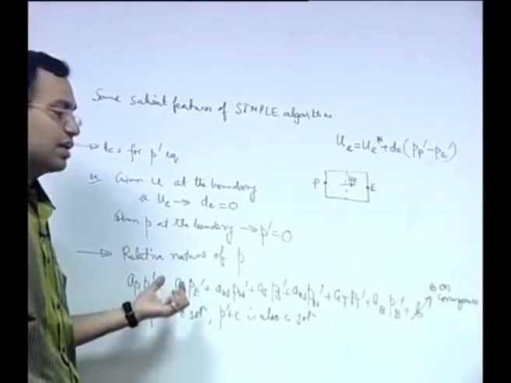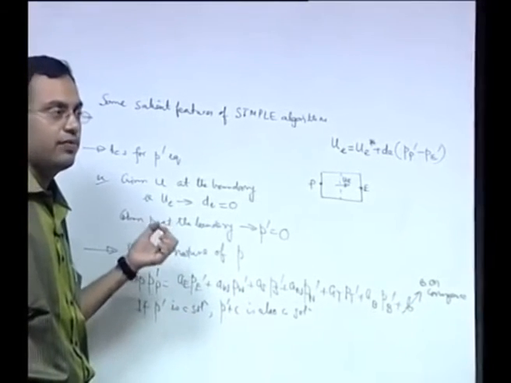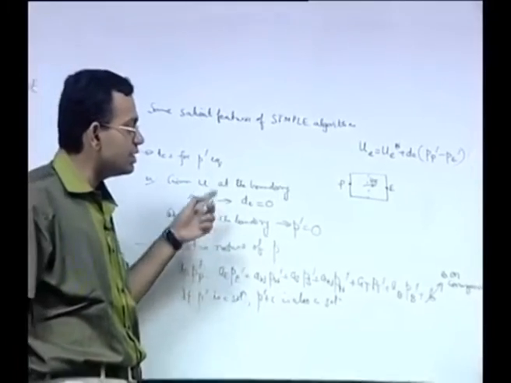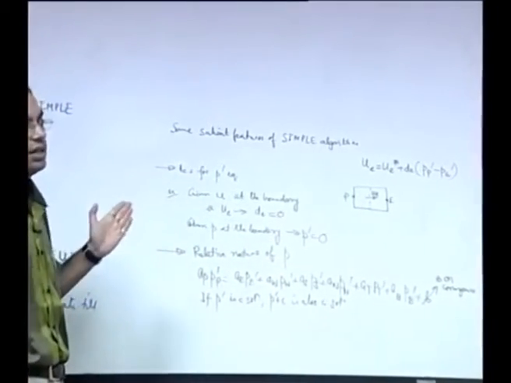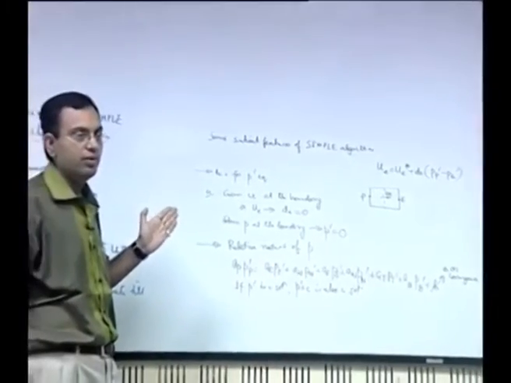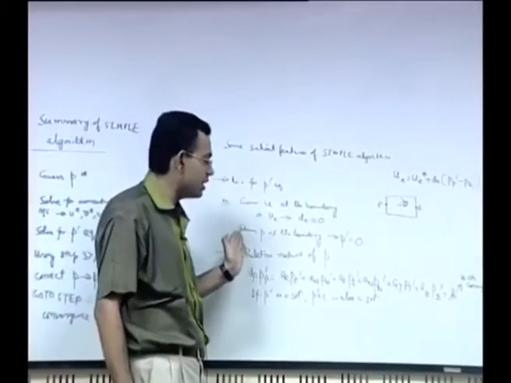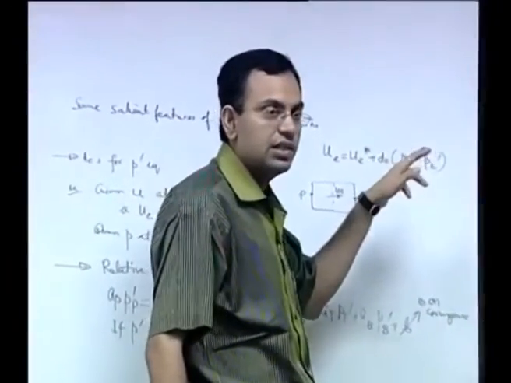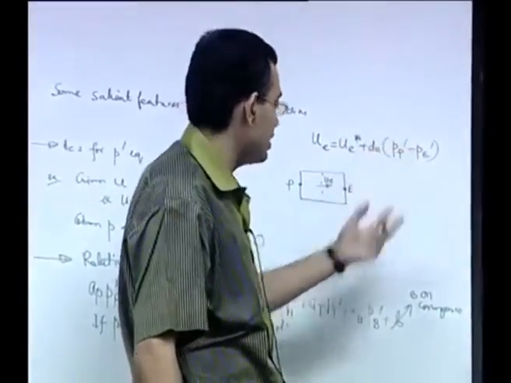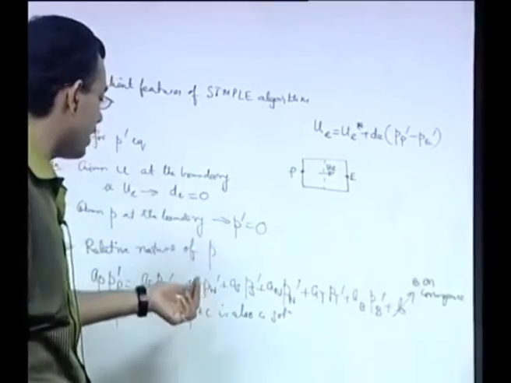The reason is that in an incompressible flow, when you are not considering a density dependence, it is the difference in pressure that is important for driving the flow, and that difference in pressure is reflected in terms of the difference in pressure correction, and its absolute value does not matter.